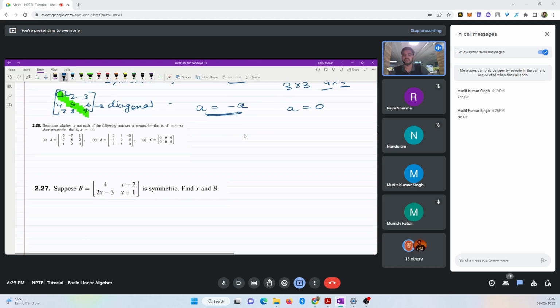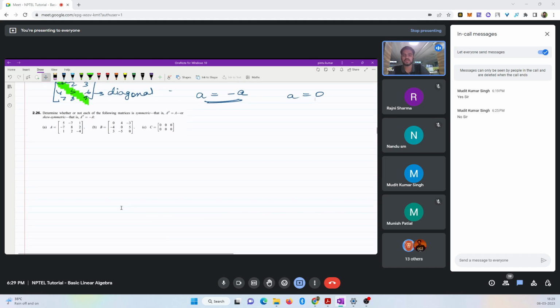Here I have included an example. Let's try to solve this. We have to determine whether or not each of the following matrices is symmetric or skew symmetric. So we have to check whether they are symmetric and whether they are skew symmetric.